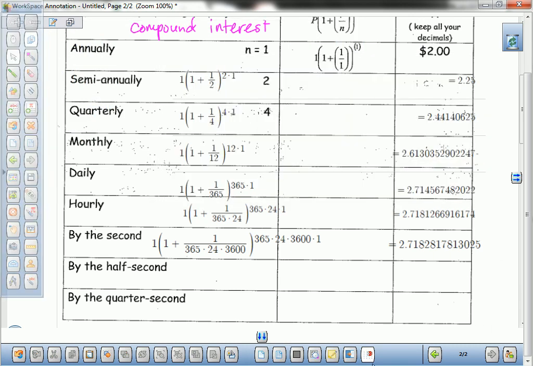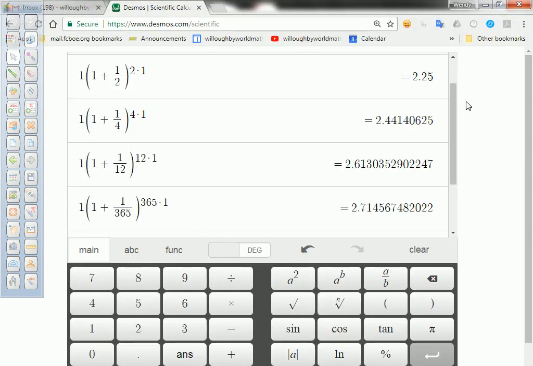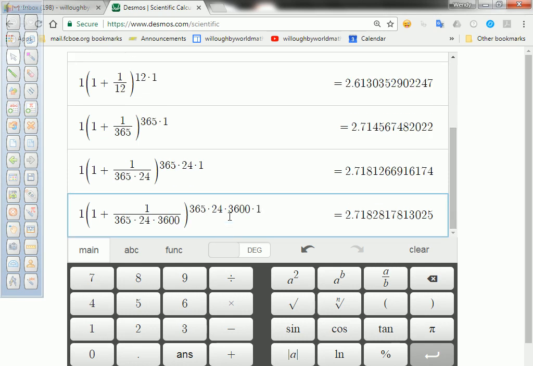All right, so let's go do the last two, by the half second and by the quarter second. If it's half a second, I'm just going to do it on this last one. That's just multiplying by 2 times 2 times 2.